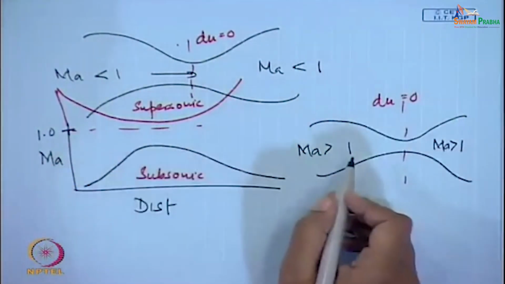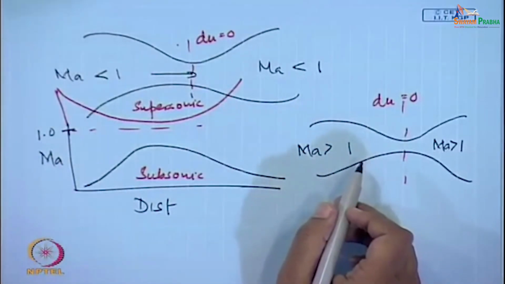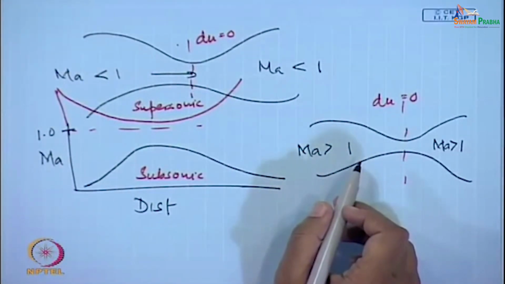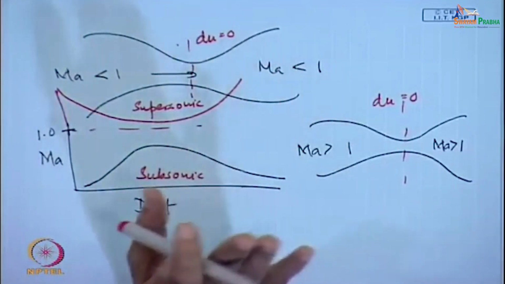So, these are the two cases where Mach number is not equal to 1 at the throat, but yet the flow can occur, because the fluid at the throat is either at rest or in uniform motion. So, this is very clear that if you want to accelerate the flow from subsonic to supersonic conditions, you cannot do it with a convergent nozzle.